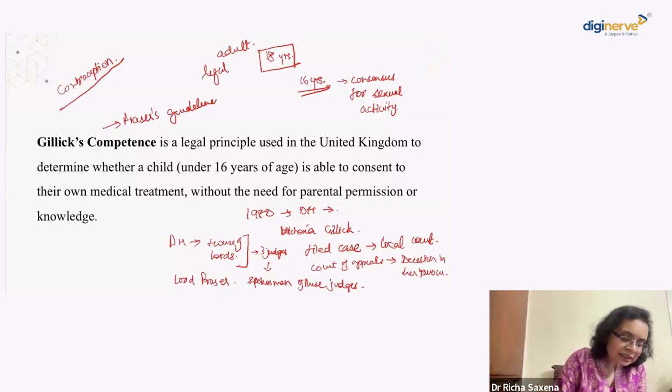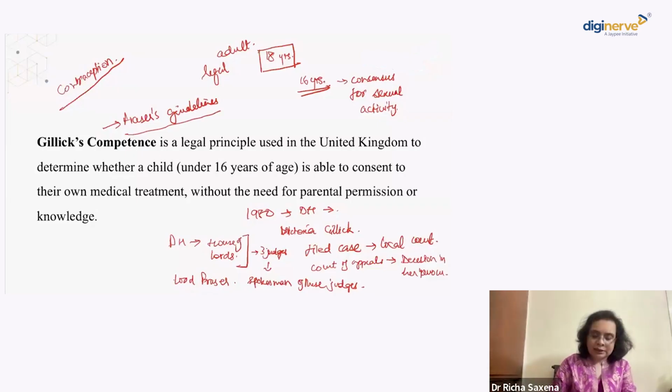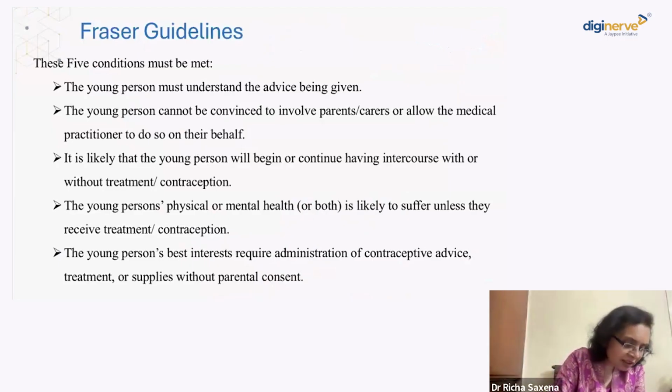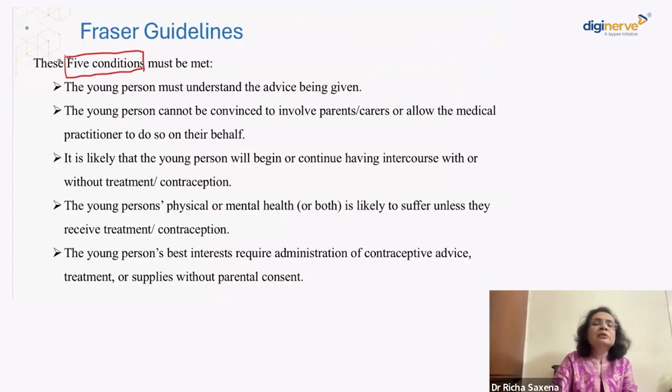In fact, Fraser's guidelines is the term which is used over Gillick's competence. And basically, what are Fraser's guidelines? This is something very important that you should know: 5 conditions must be met for Fraser's guidelines.